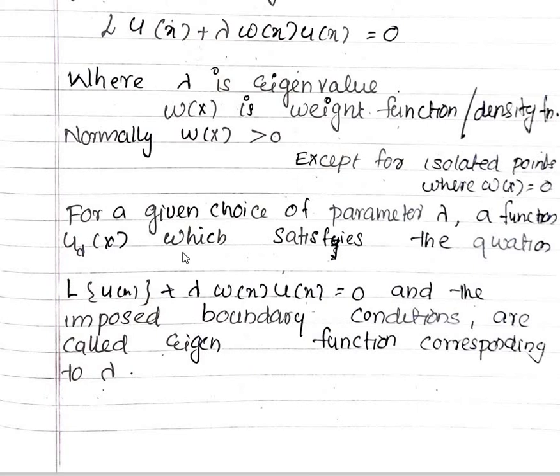So what is an eigenfunction? For a given choice of parameter lambda, the eigenfunction u lambda which satisfies the equation and the imposed boundary conditions is called an eigenfunction corresponding to eigenvalue lambda. So that is about eigenfunctions.